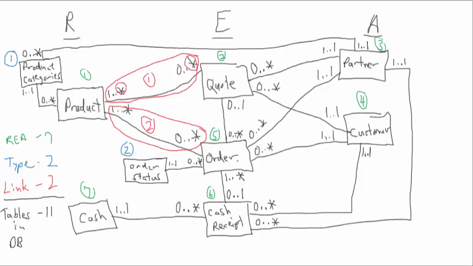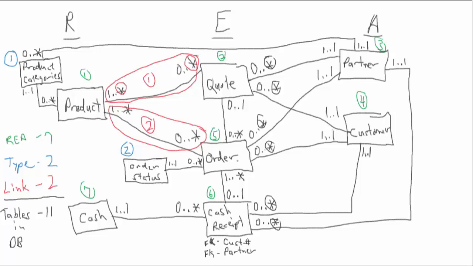And also remember where you're going to be creating foreign keys based on this diagram: on the many side of the relationship. So basically everything you see here for quote, for order, and for cash receipt will require a foreign key customer number, and a foreign key partner.